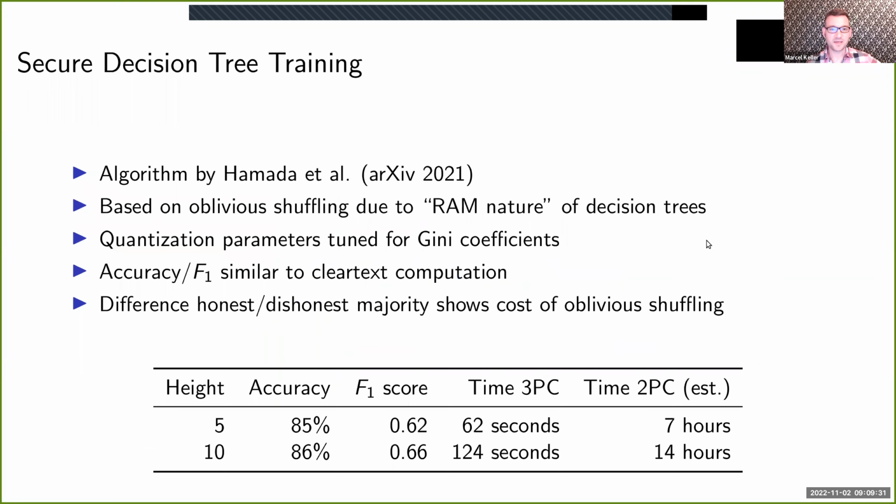So onto my implementation. There is a relatively new paper, so far just on arXiv, by a few researchers from Japan, Hamada et al. And their algorithm is heavily based on oblivious shuffling.